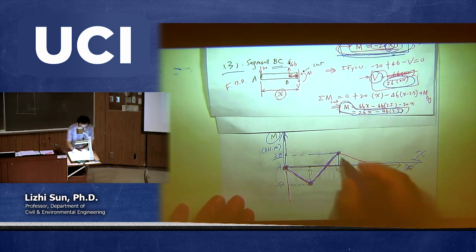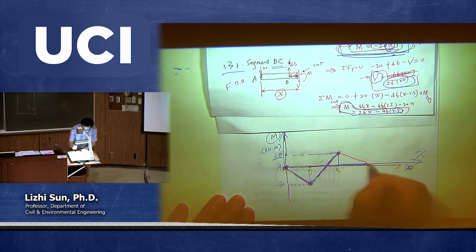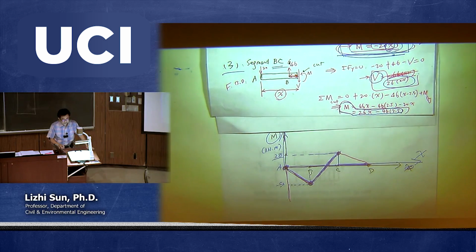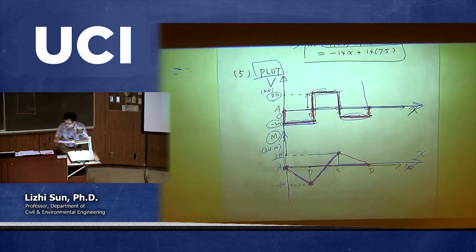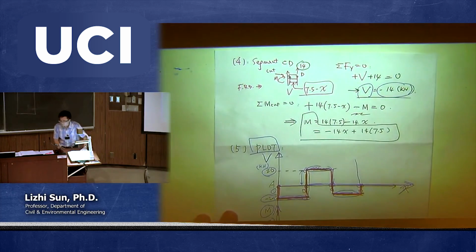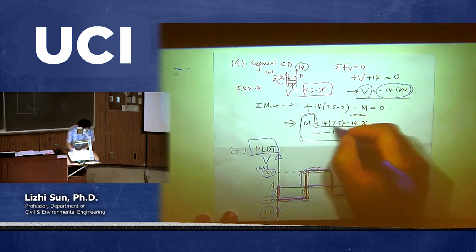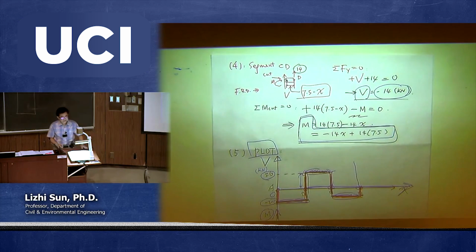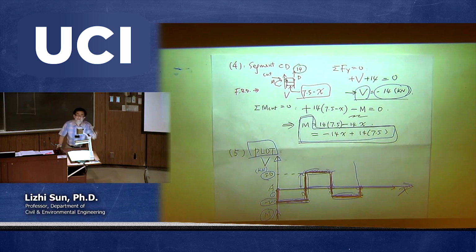Okay, finally I need to plot the moment distribution in segment CD. What is segment CD? We need to go back to look at the result we got. Step number 4, this is my moment distribution in segment CD. Again, if you look at it carefully, it's a linear function. If it's a linear function, then you need to pick 2 points.